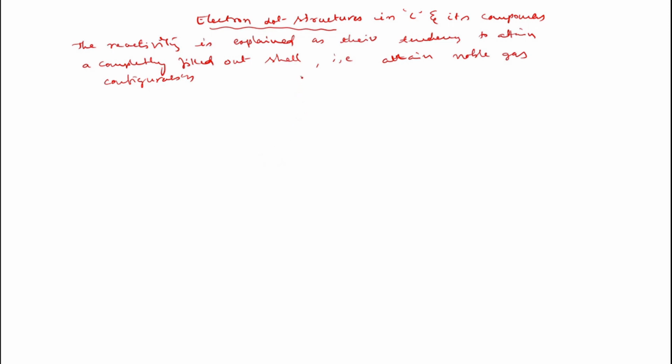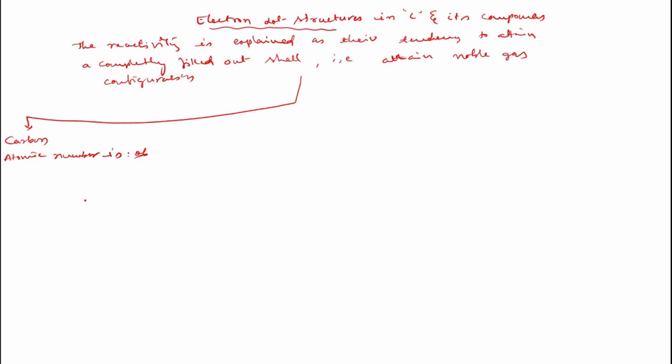This electron structure we will first discuss in carbon. Its atomic number is 6.